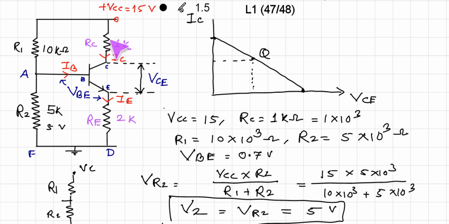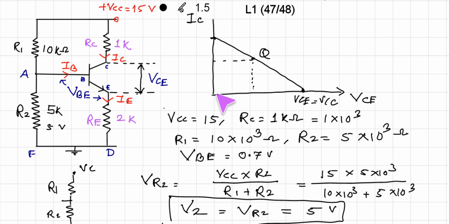The resistance is very high, and the total voltage VCC appears across VCE. So when collector current is 0, the maximum voltage we get is VCE equal to VCC.